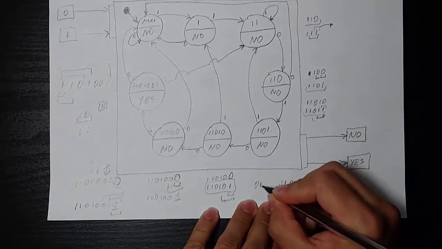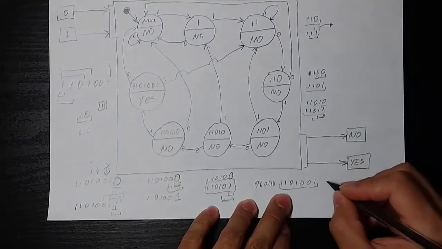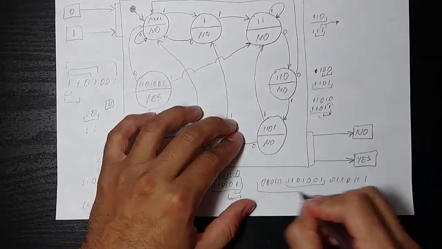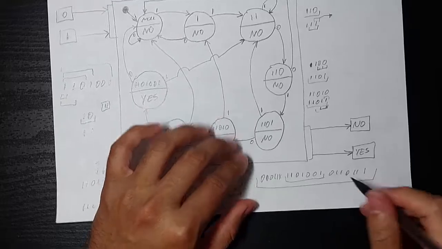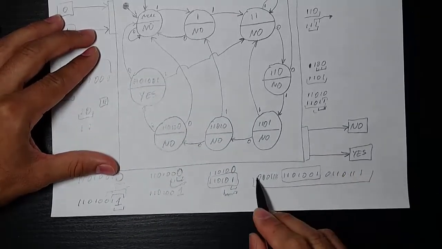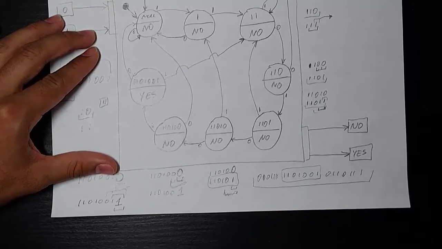But what if we get 0 0 0 1 1 1 1 0 1 1 0 1 1? What if this is our input trajectory? We gotta be able to identify this pattern right here in the middle of all that.